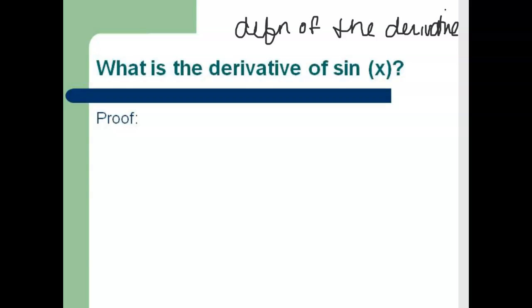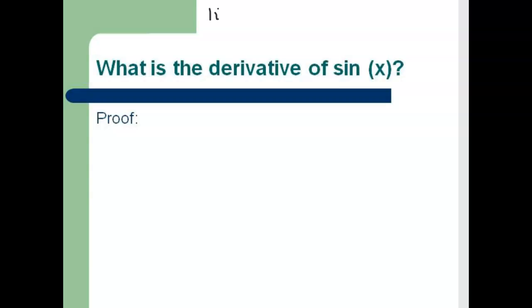So recall that the definition of the derivative is the limit as h approaches 0 of f of x plus h minus f of x all over h. And in this case, my f of x is sine x.